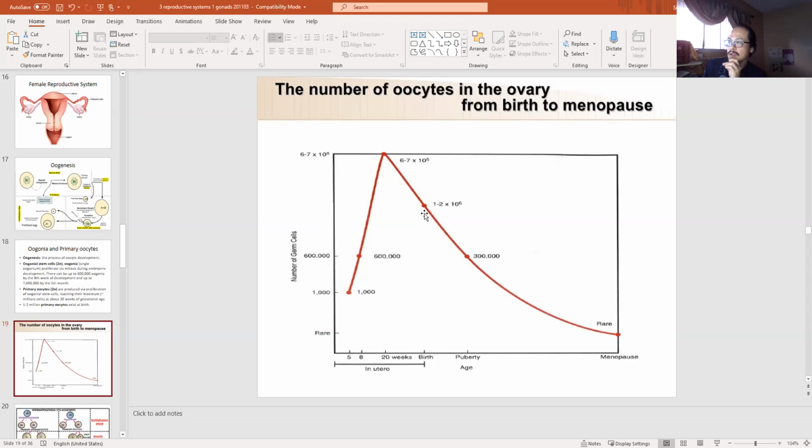This number gradually decreases by puberty, and then we have 300,000. Even though that is a big decrease, and they don't get replenished like sperm, this number is a lot. No female needs this number to have offspring. So that's that.